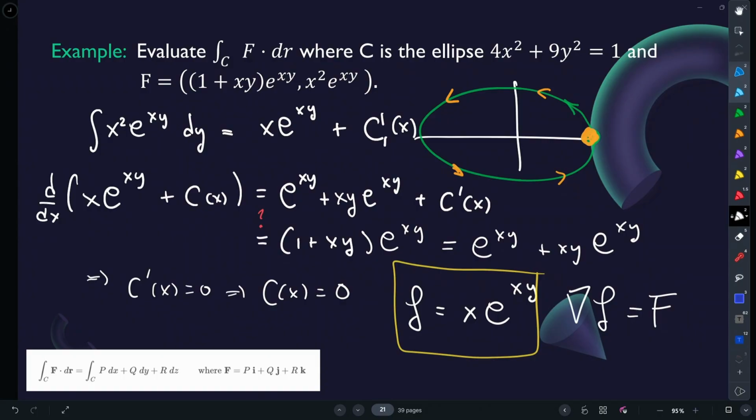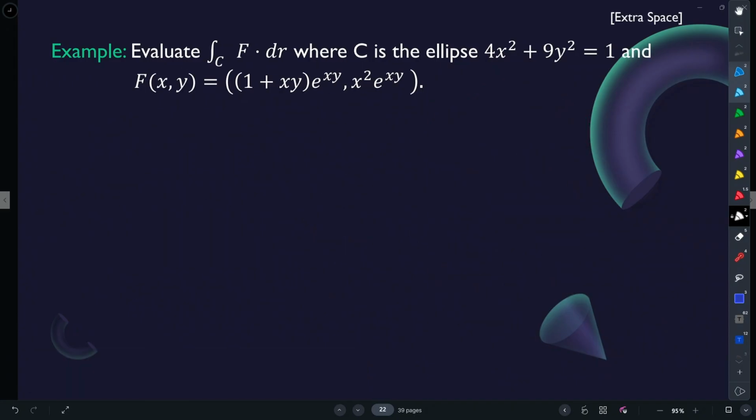Okay? But that means that that vector field is conservative. And that means that if I integrate on a closed loop, I get 0. So let me go back here.